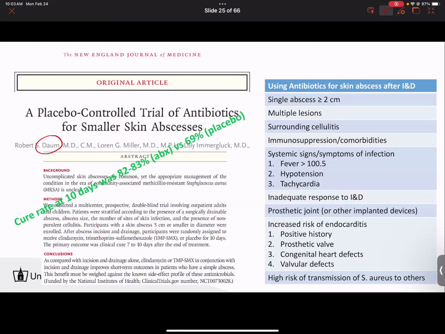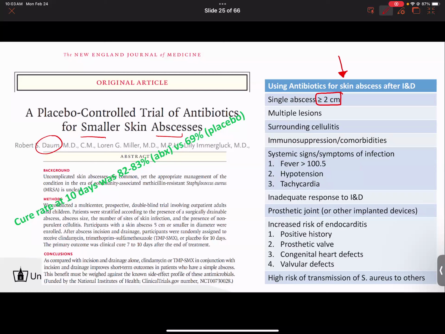So the study by Daum looked at antibiotics versus placebo for smaller abscesses. There's other studies that have been done as well. I'll try and summarize it here, using antibiotics for skin abscesses after an incision and drainage. All right. If you have a single abscess greater than or equal to 2 centimeters, go for it.